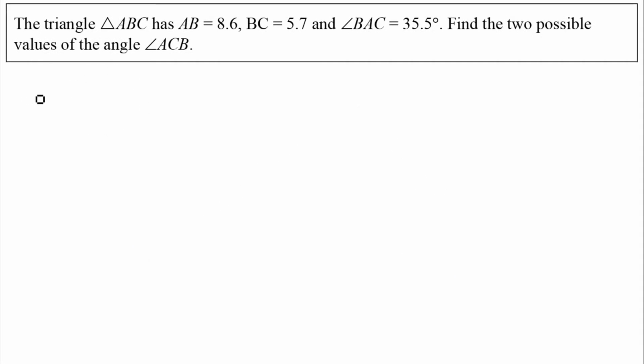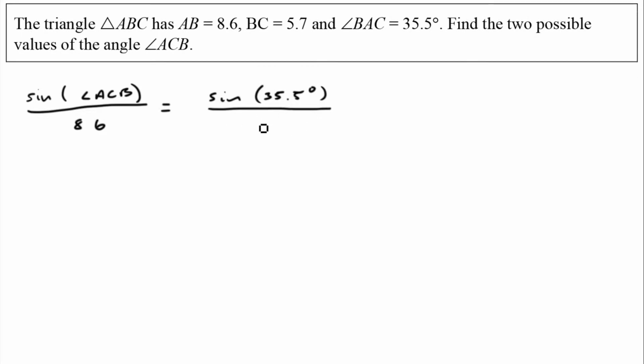We would say that the sine of the angle we are interested in, this time it's angle ACB, divided by the length of the side opposite, which is 8.6, is equal to the sine of the angle 35.5 degrees divided by the length of the side opposite that, which is 5.7.